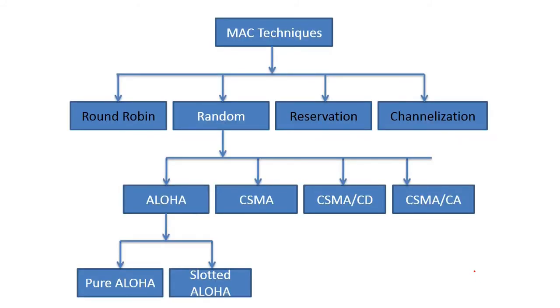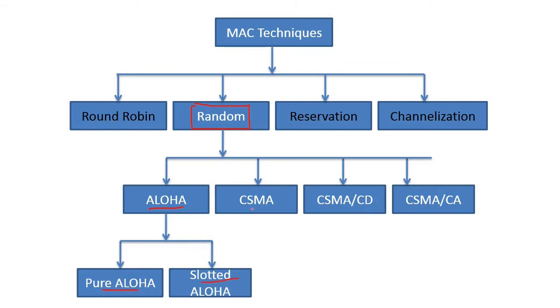Now if we look at the MAC techniques, there are round robin, random access, reservation, and channelization. But today we are going to discuss random access techniques. In random access there are multiple techniques like Aloha, CSMA, CSMA/CD, and CSMA/CA. In Aloha there are two techniques, pure Aloha and slotted Aloha.